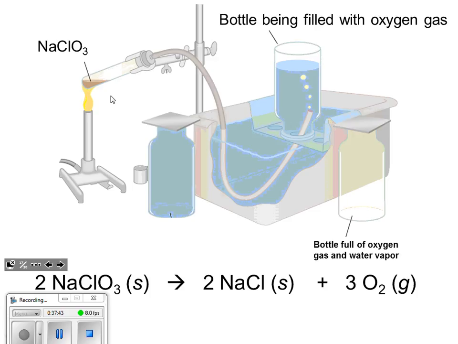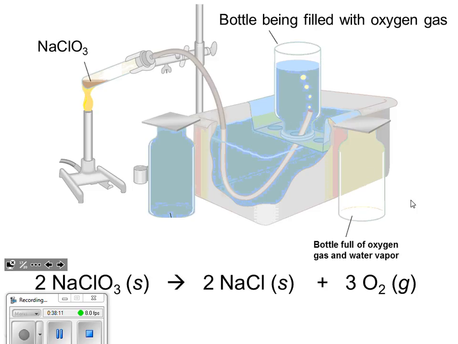You heat that, and based on our reaction predictions, we know that the following equation happens. Sodium chlorate, when heated, decomposes to sodium chloride and oxygen. So what is the gas I'm collecting? Oxygen. So here's a whole bottle of gas that I've collected that is oxygen.